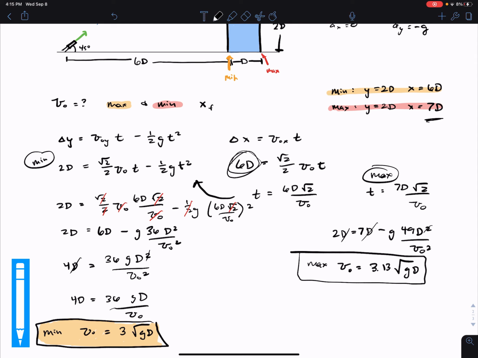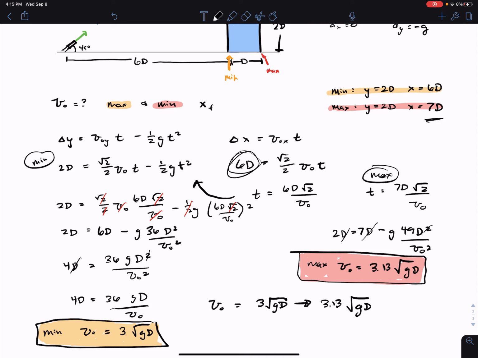Okay. So we're really just repeating the same thing we did before, but we set up a different initial value. Okay. So we know that our speeds have a range between 3 square root of gd to 3.13 square root of gd.